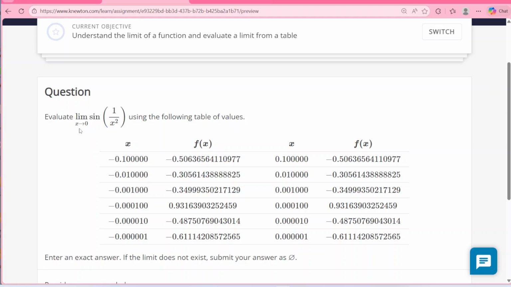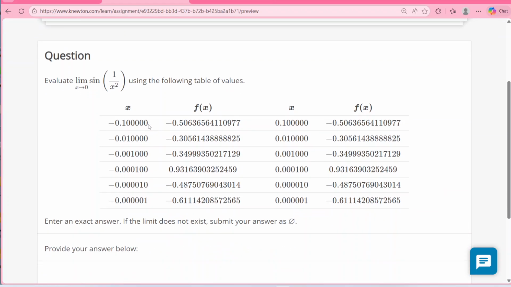So here we have the limit as x approaches 0 of the sine of 1 divided by x squared. And it says use the following table of values. And we're saying what happens as x approaches 0.